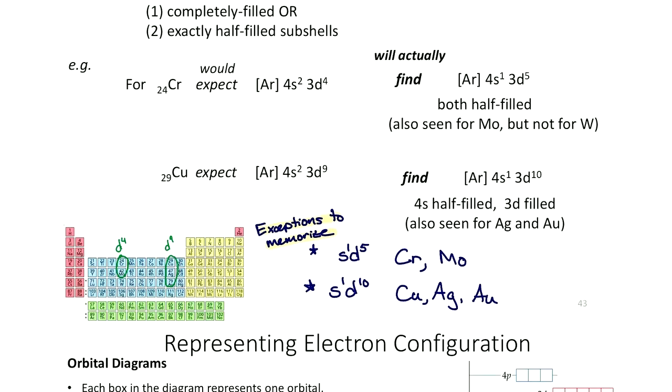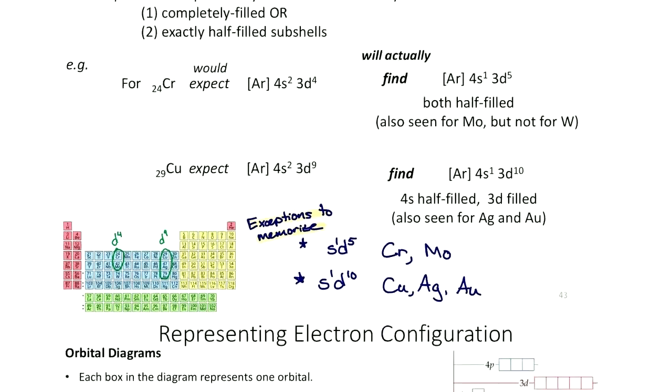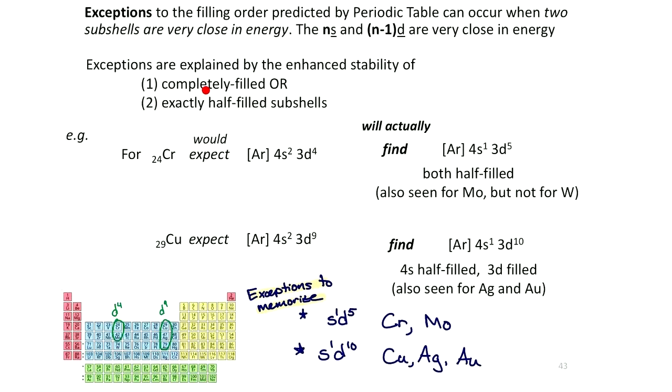What we see is there is enhanced stability when we completely fill a subshell, like d10, or if we exactly half fill a subshell, like d5. For example, chromium has 24 electrons. So if we did our work like we did before, you would expect chromium to be s2 d4. But we don't actually see this in nature.